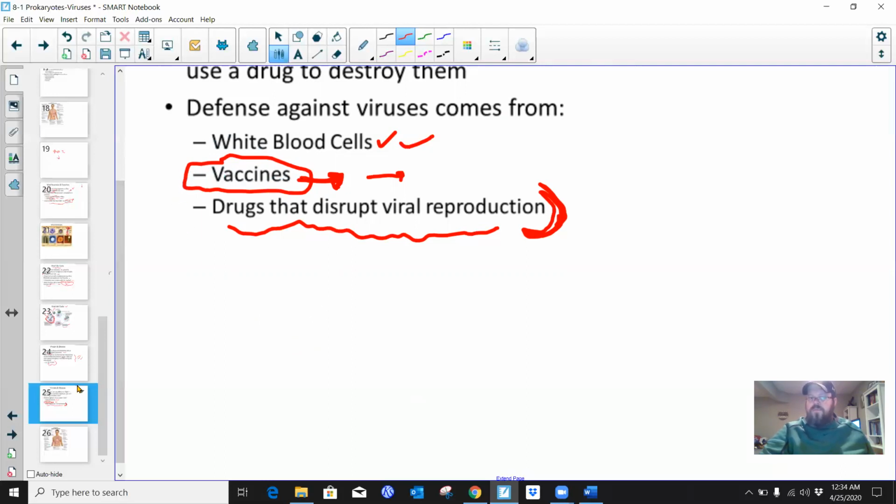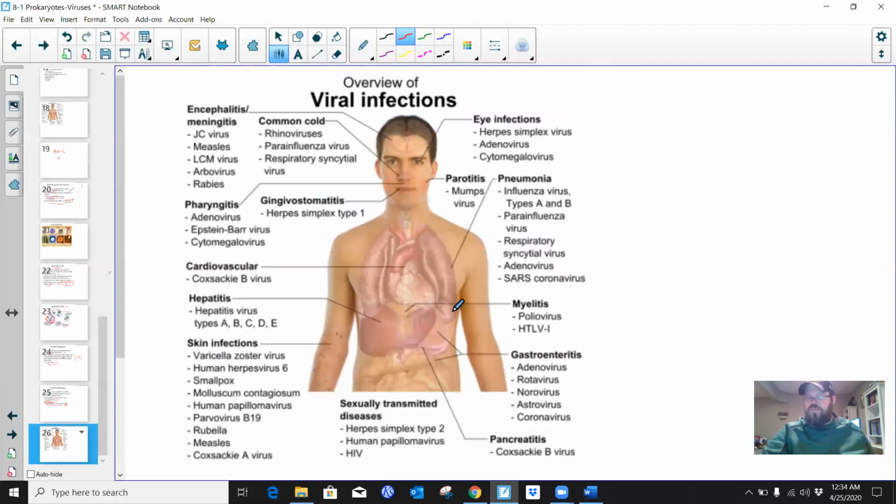So vaccinations are used for these different viral infections. And again, it's not about memorizing these. We have influenza, and we have different flu vaccines every year. The flu virus is a type of virus that will mutate quite a bit.